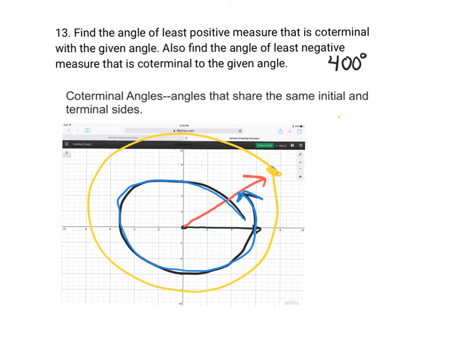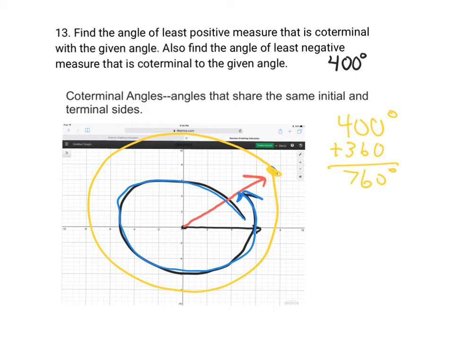So if I were to add 360 to the 400, that would be a coterminal angle. And that would give me 760 degrees. So if I graphed 760 degrees in standard position, it would have the same initial and terminal sides.